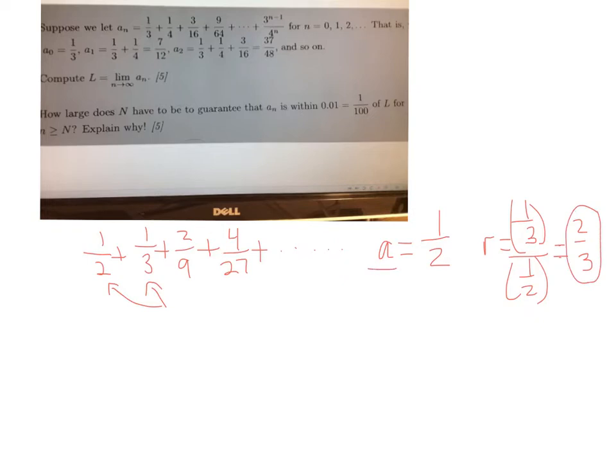Now that we have a and r, the information that you're being given in the question, what you're being asked to do is add successive numbers of terms together and get a running total as you go through this series.